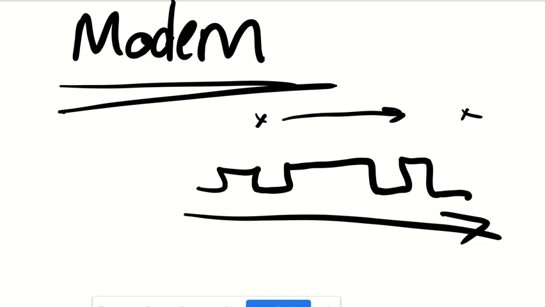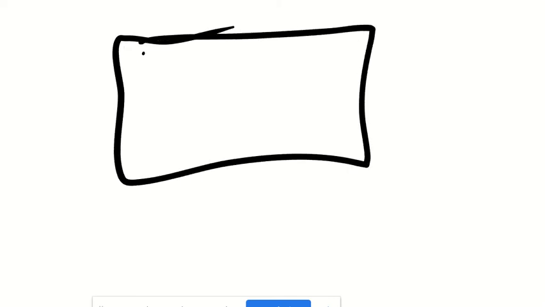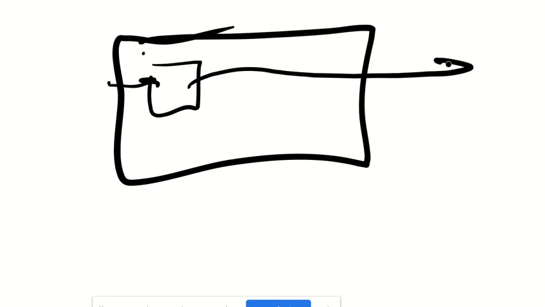Why? Because what is a modem? A modem by itself is the device that can transmit and receive data, and it can modulate your data and send it. And then it has a demodulator, which can receive the data.